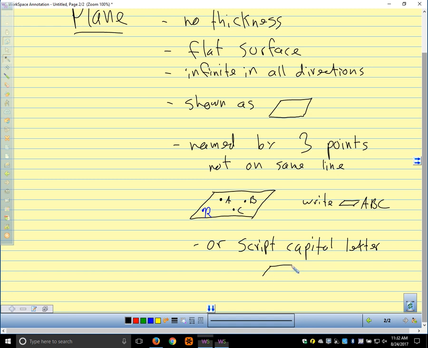So we could call this plane R. I would say you can never go wrong by naming it with 3 points that aren't on the same line. Make sure if you're naming it with one letter that it's a script letter and the script letter is in the corner, because we don't want to use a letter that's naming a point. So that's how we name a plane. I'll usually write this, and it's easier not to make a mistake if you just do this.